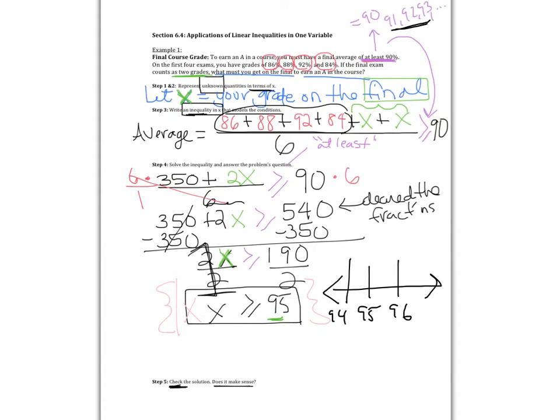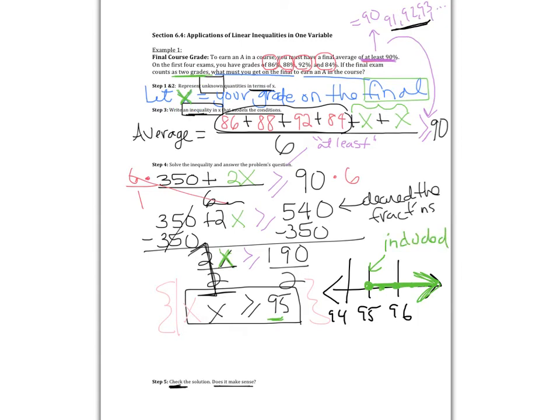I'll use green. If I want to get an A in this course, I have to get a 95, a 96, maybe a 95 and a half, a 97, 98, a perfect score. All these are valid. And I'm closing that because 95 is included.